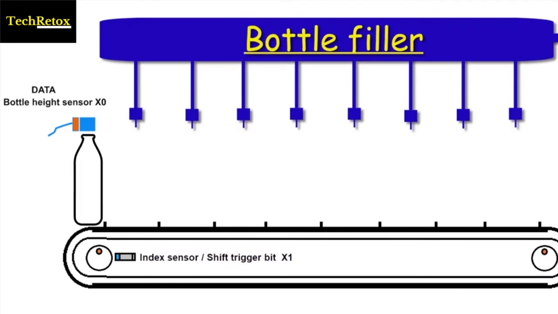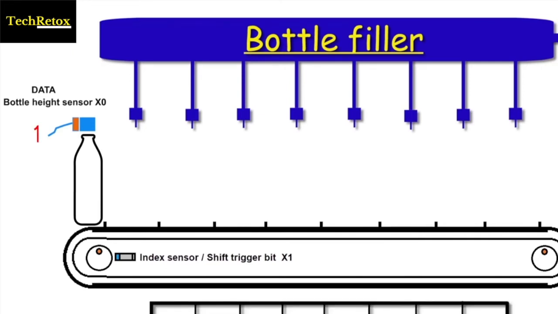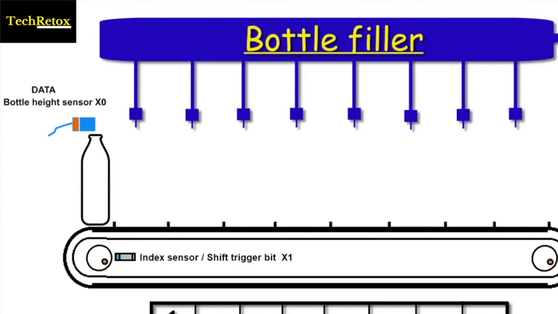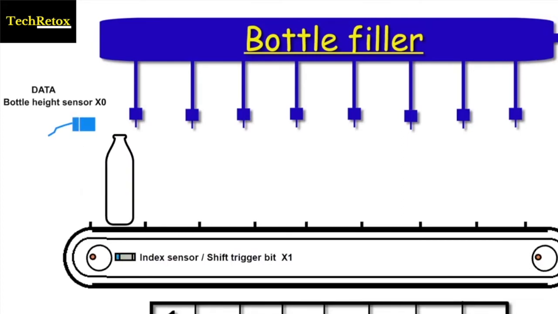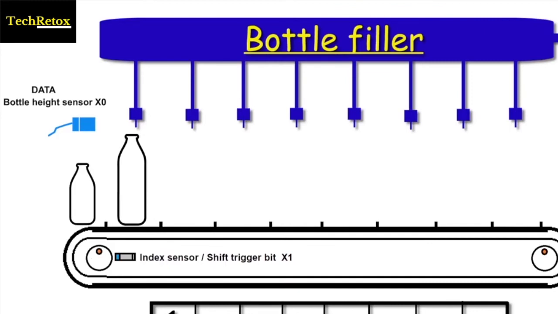As you can see, we have a big 500 ml bottle under the infeed sensor. The height sensor is giving the data 1. As the conveyor moves one step ahead, an index sensor triggers. The data bit 1 is moved to the first place of the data register. Next, a 250 ml bottle is under the infeed sensor, which gives the data 0.